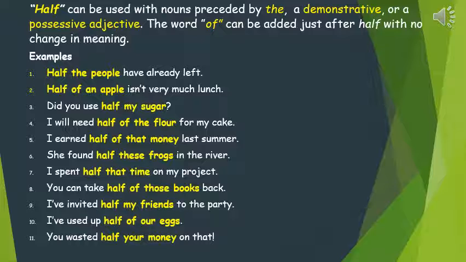That demonstrative. You can take half of those books back. برضو demonstrative هنا قبل كلمة books. I've invited half my friends. Possessive adjective. I have used up half of our eggs. برضو possessive adjective. You wasted half your money. برضو هنا اسم قبل منه possessive adjective.